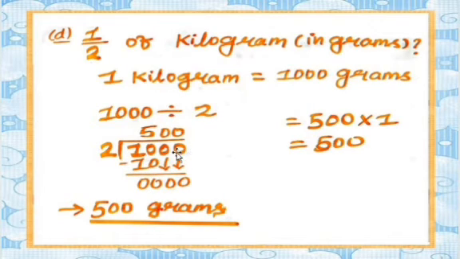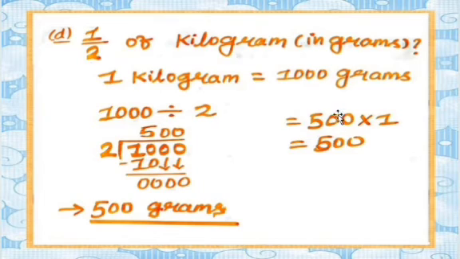Then after that 2 0s will be left. So what to do, my dear students? We bring down both digits together, and this makes the quotient 500.